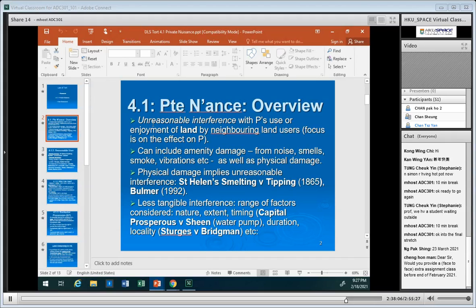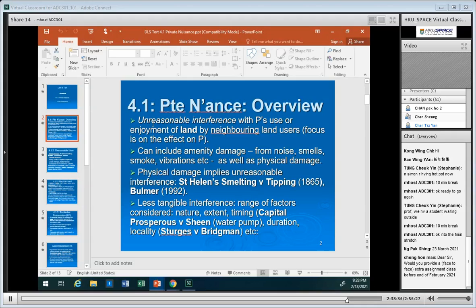All right. So how do you know whether the interference is unreasonable? Well, if it's intangible interference, then the court will have to look at a range of factors. And what types of things might amount to nuisance? Well, it can be noise, yes, smells, durians, etc., dried fish, I don't know.